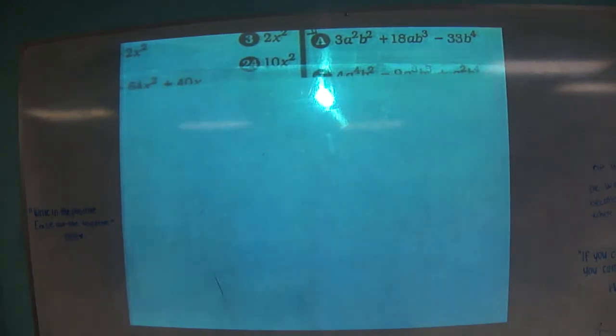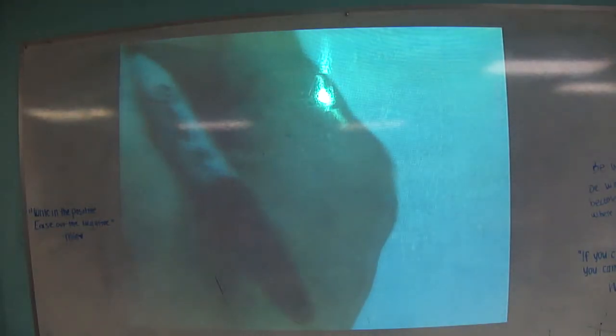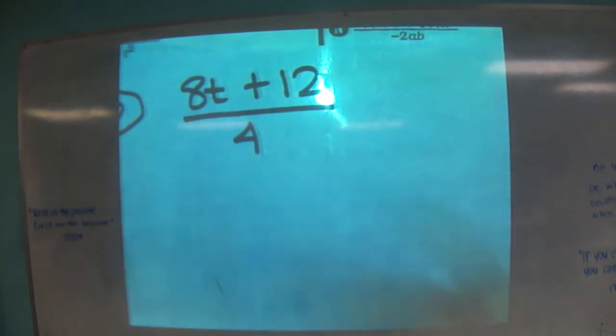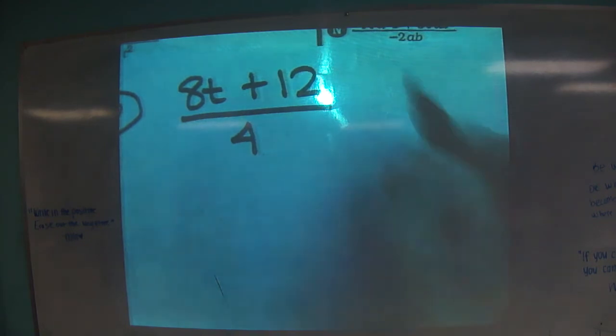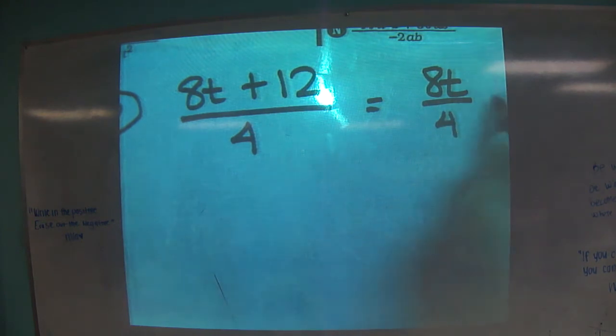But you just have to think about it. On the bottom half, I'll share it with you. On the bottom half, look at O. What happens if you have 8t plus 12 over 4? Does the fraction apply to everything? Yeah, it would. So let's look at it this way. 8t over 4 plus 12 over 4.